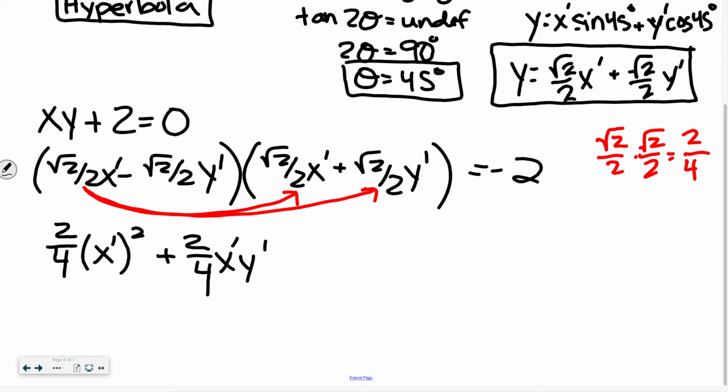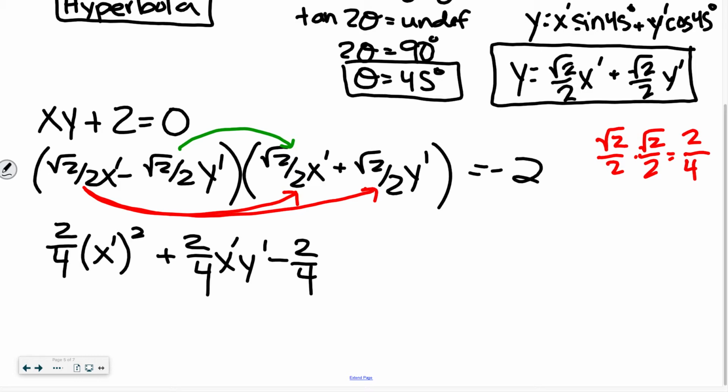And then I got to go inside that first set of parentheses, grab the second term, and distribute that. So again, square root 2 over 2 times square root 2 over 2 is 2/4. This time it's a negative times a positive, so it should be negative 2/4.